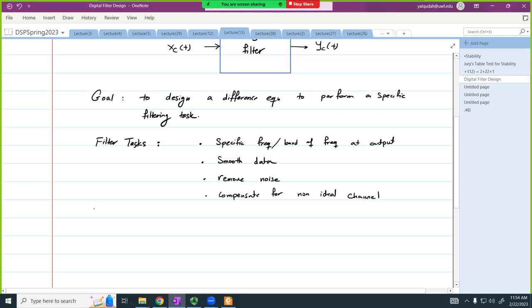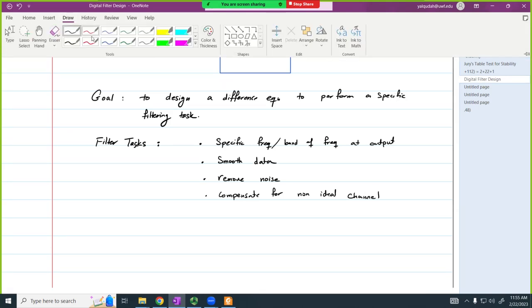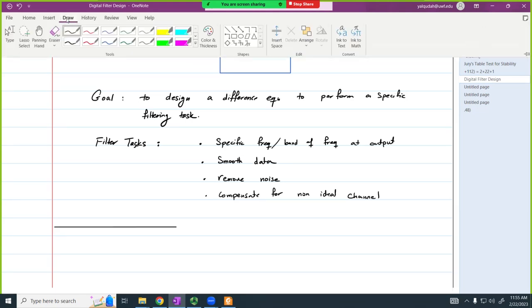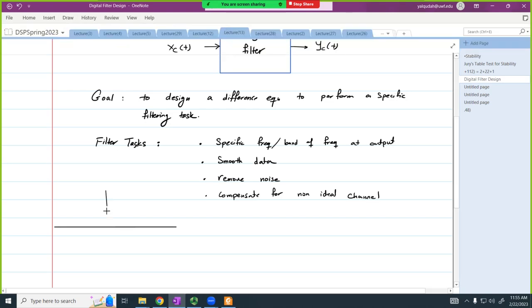So if I look, for instance, in communication, when we tune our radio, what do we do? I have all kinds of channels that are broadcasting on the air. So this is the frequency. And when I select a specific channel, what am I doing?